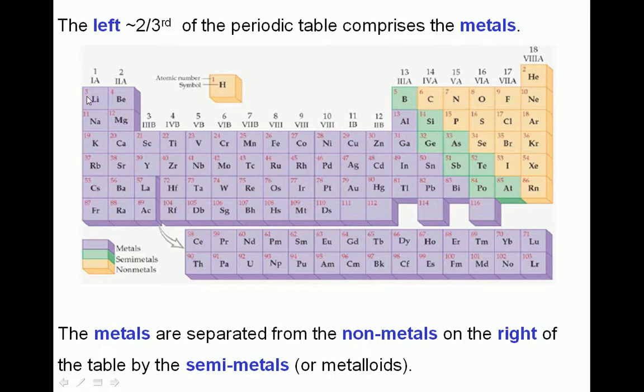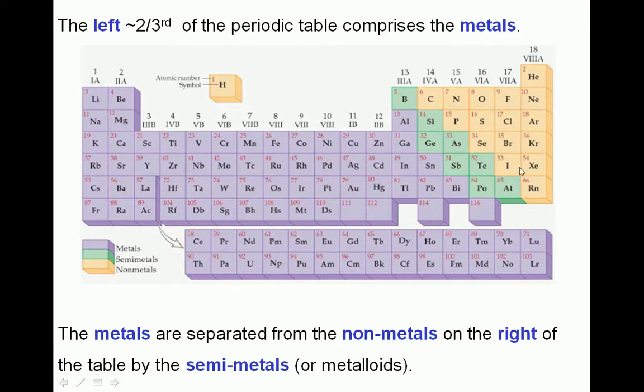So most of the periodic table, the entire left two-thirds, incorporating group 1A and all of the transition elements and the inner transition elements, all of these elements in this sort of, I guess it's lavender, are metals. And then separating the metals from what we call the non-metals are the semi-metals, illustrated in green here, or they're sometimes called the metalloids.